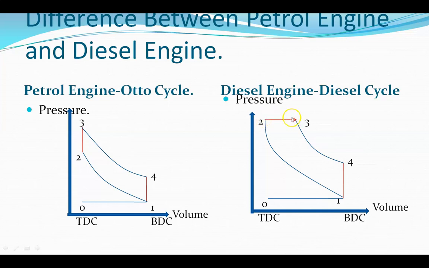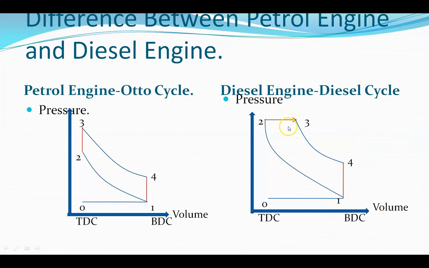At this point, it is the injector that atomizes fuel, and the ignition occurs by the heat of the air that was compressed, and it occurs at a constant pressure. But in petrol engine, it occurs at a constant volume, and it is the spark plug that ignites the fuel, and it is the fuel and air mixture that was taken in. Let us be noting the differences.